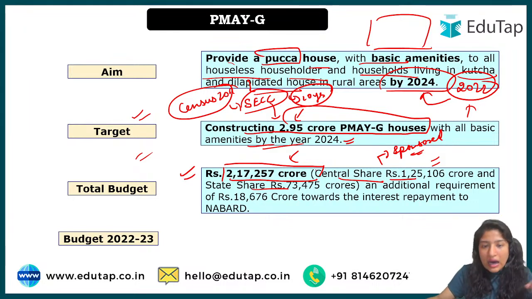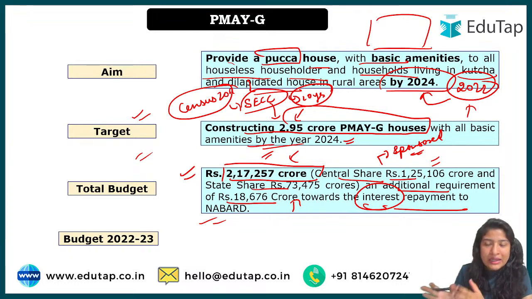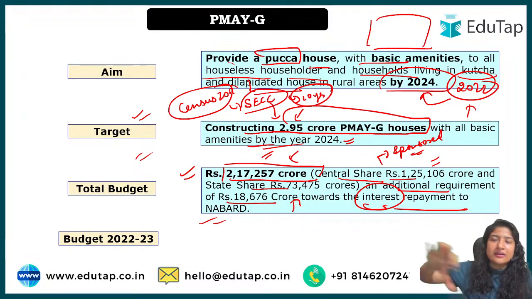Okay, apart from this amount that you are looking at, there is an additional requirement of rupees 18,676 crore that has been provided towards the interest repayment of NABARD. So basically, see what will happen under this scheme. It's not like the government will make a house and then allocate it, saying you take this house, you take that house. The government will help with monetary support to the people, and will provide them with land in the area where they can actually build a house.